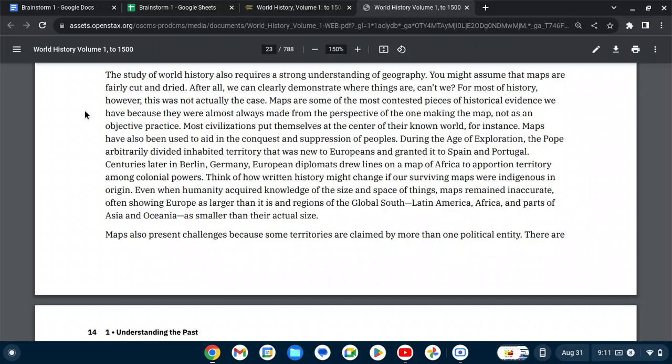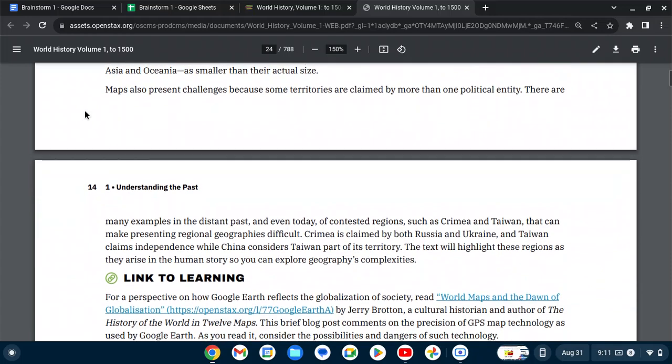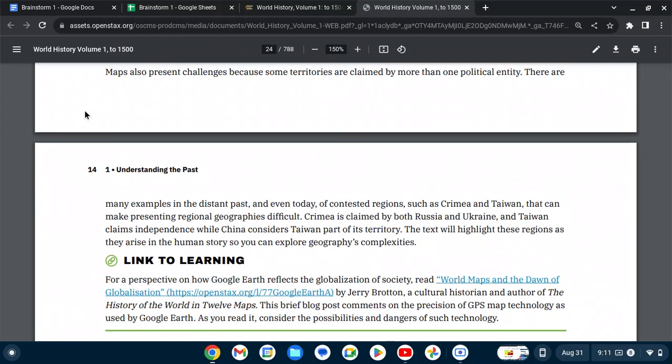Even when humanity acquired knowledge of the size and shape of things, maps remained inaccurate, often showing Europe as larger than it is and regions of the global south, Latin America, Africa, and parts of Asia and Oceania, as smaller than their actual size. Maps also present challenges because some territories are claimed by more than one political entity.